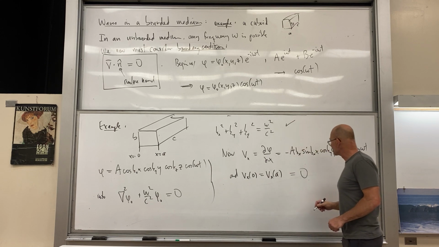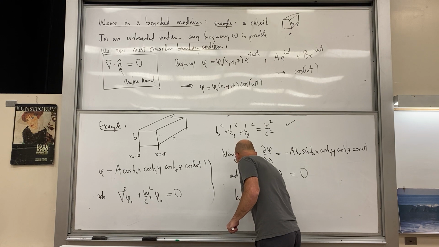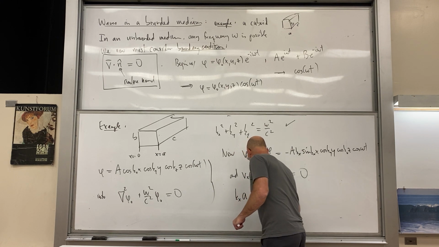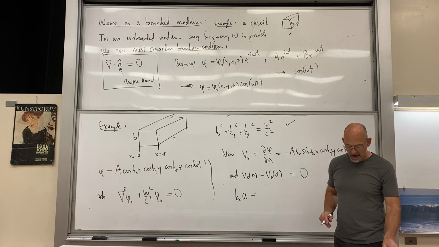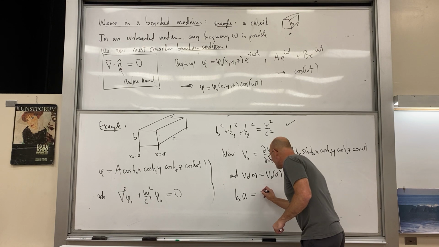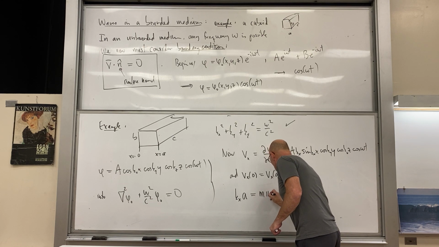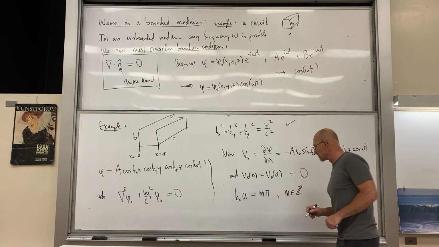It's the boundary condition. So that tells us that kx times a is going to be some multiple of pi. So kx times a, and I'm using m as an integer, is m times pi. M is just an integer.